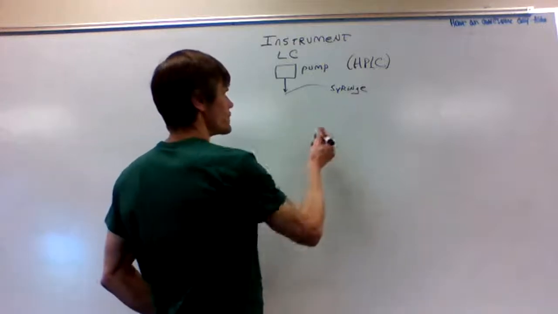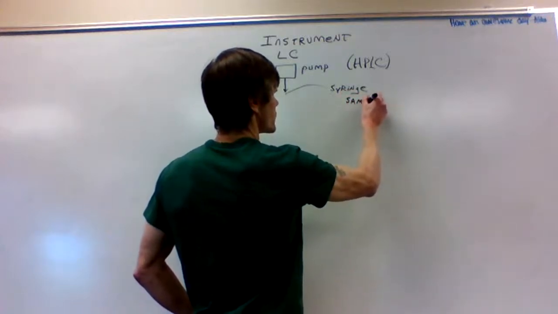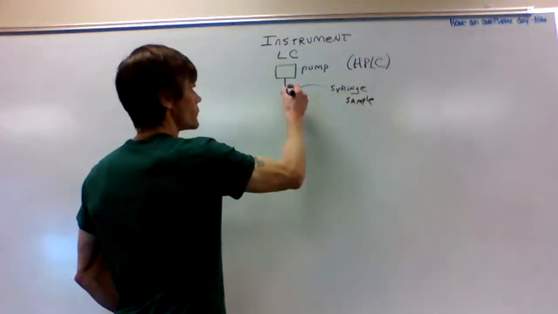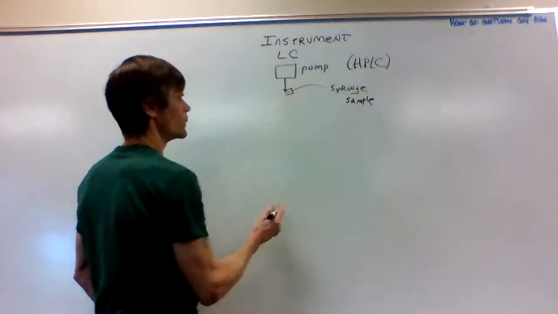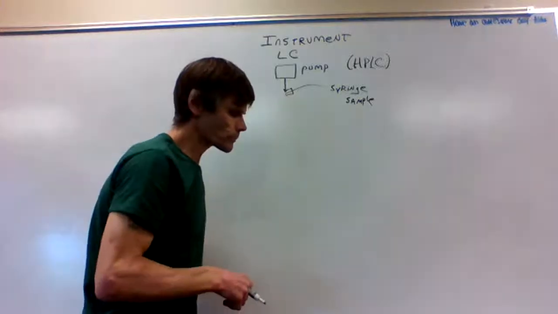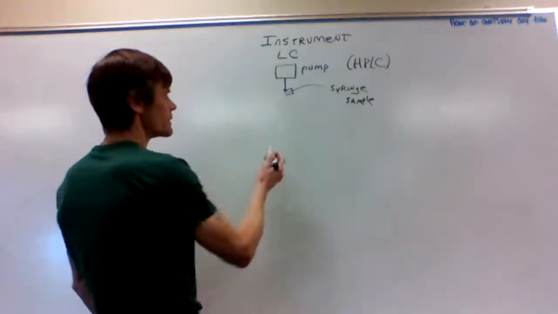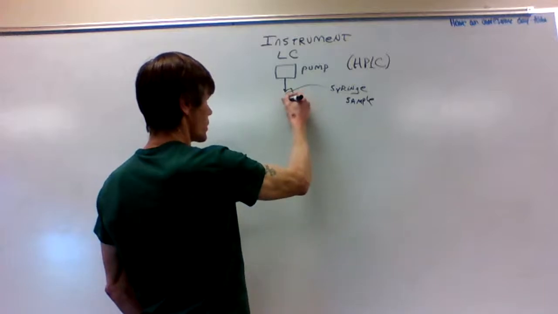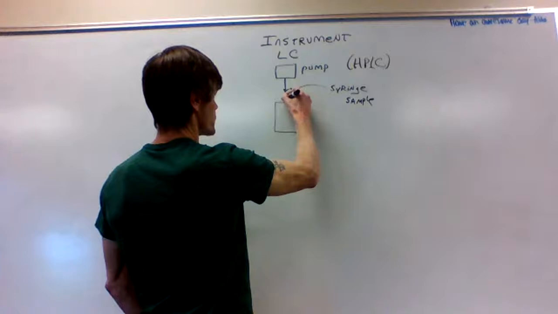So these are nice ways to introduce our sample. Usually it's a little inlet port where we introduce our sample. And now on the PowerPoint, this is where our column would be located. So this is our column.